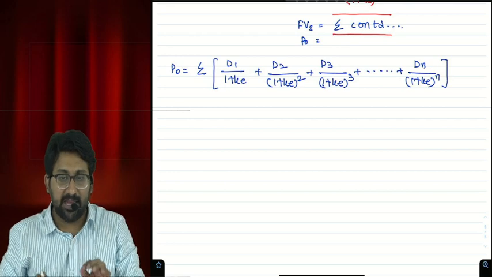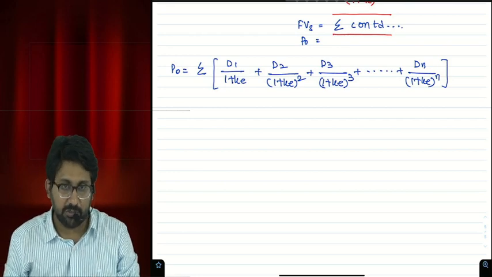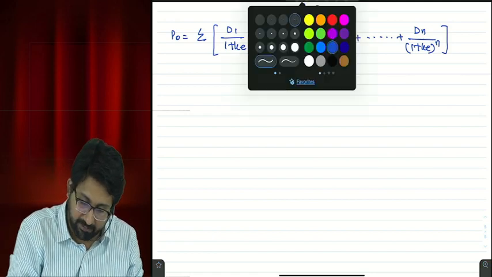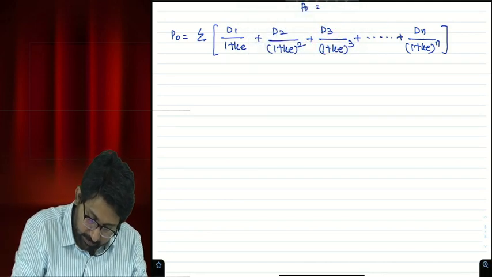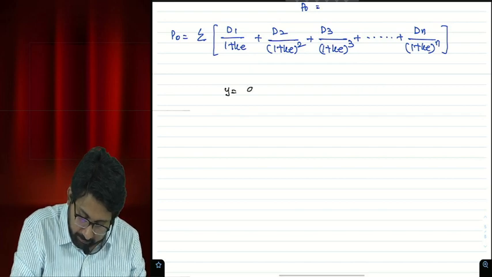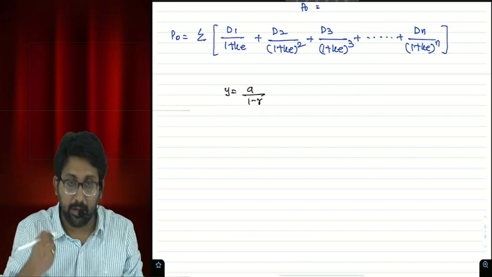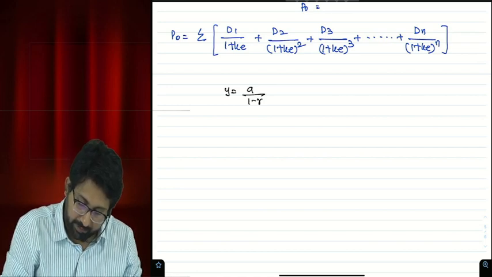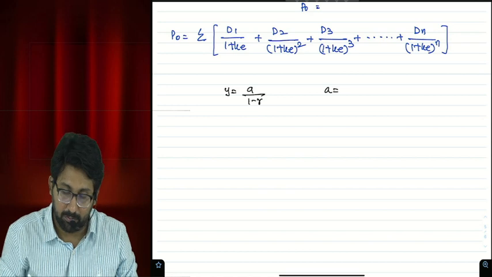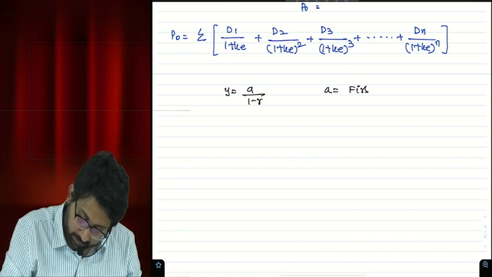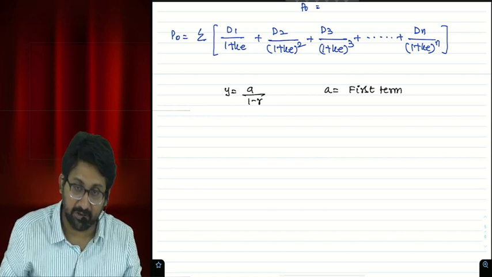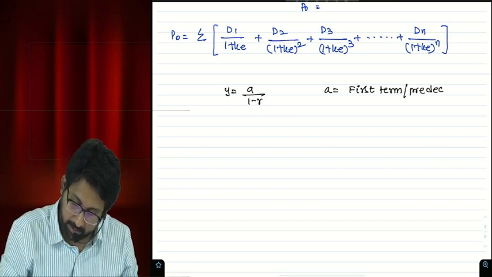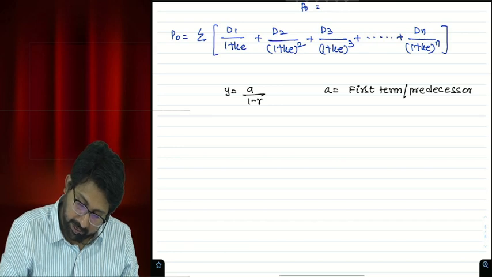Therefore, there is a limiting concept of geometric progression which we have learned in CPT mathematics. The value is y equal to a by 1 minus r. A equal to the first term, also called the predecessor term.